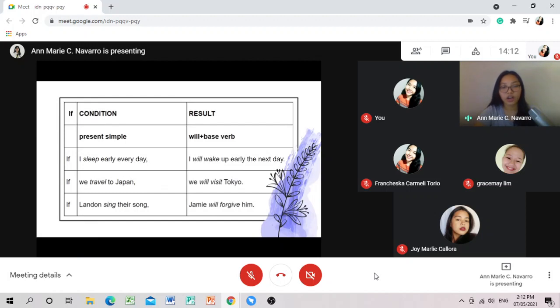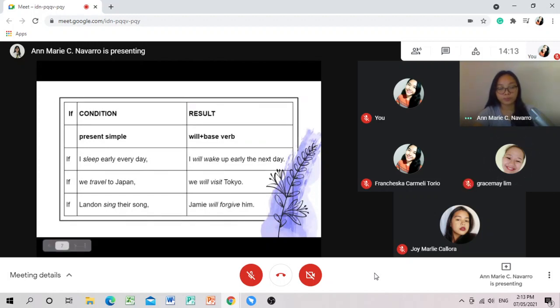These are other examples of first affirmative structure. Can you read the sentences, Miss Lim? Please read the sentences inside the table. If I sleep early every day, I will wake up early the next day. If we travel to Japan, we will visit Tokyo. If Landon sings their song, Jamie will forgive him.